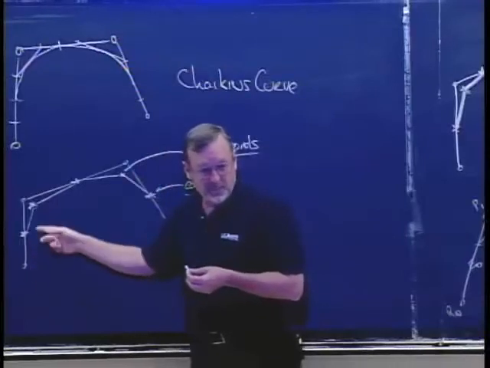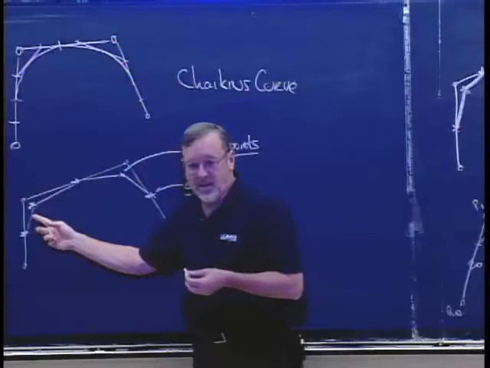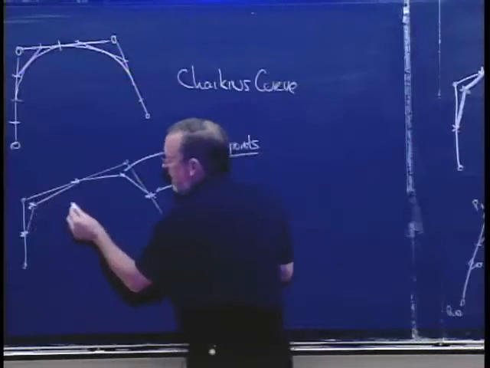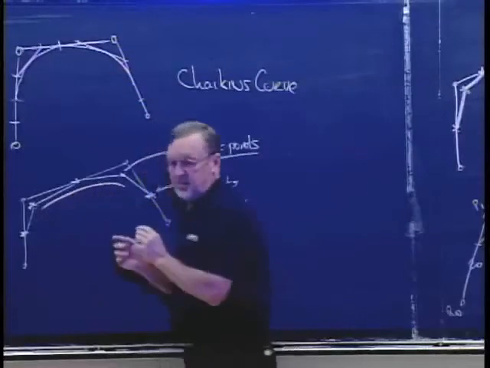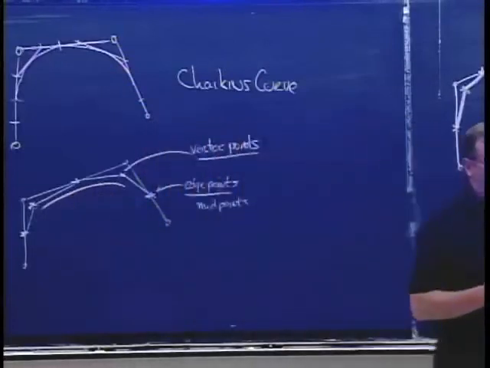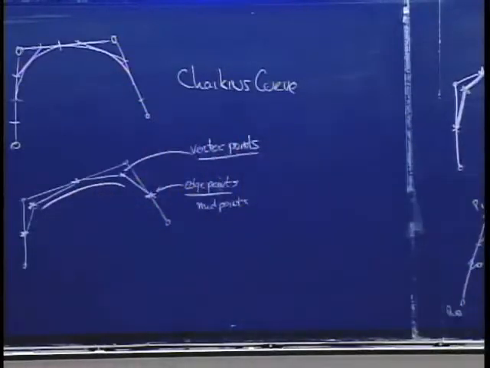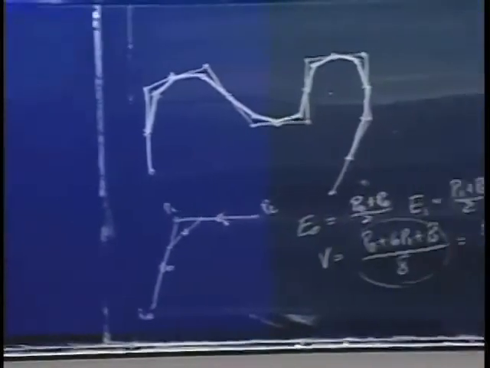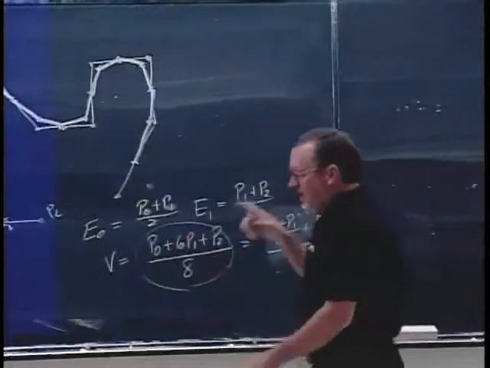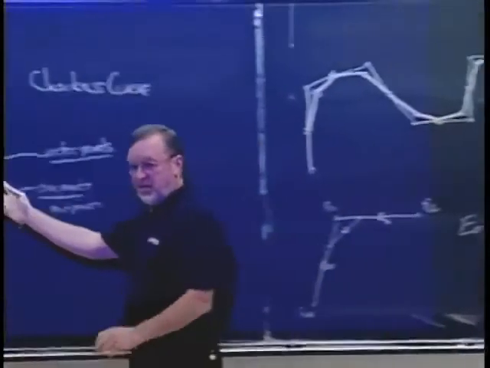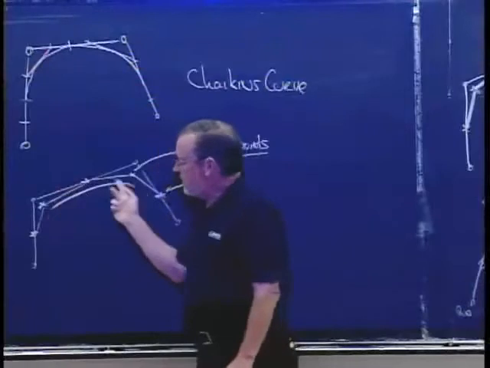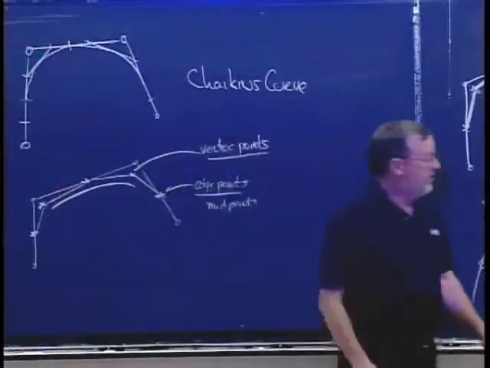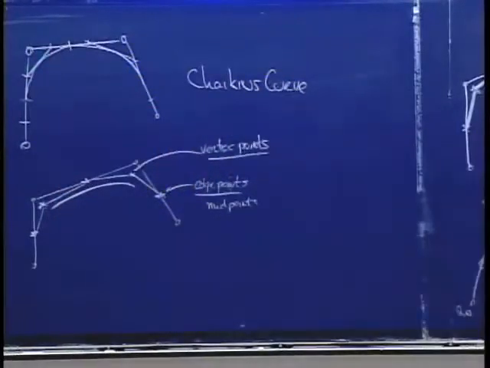It moves up to here, which then moves to here, and what you get is a curve somewhat like this. This one shrinks considerably, but it actually ends up inside. It has all the properties that the Bezier curve did. Can you all see how this shrinks quite a bit and ends up in here? But it works out pretty well.